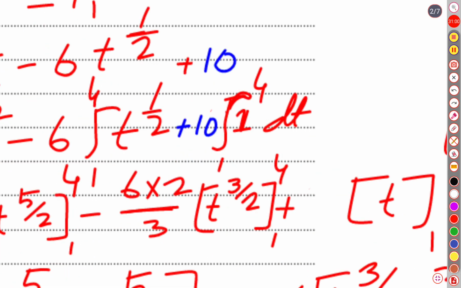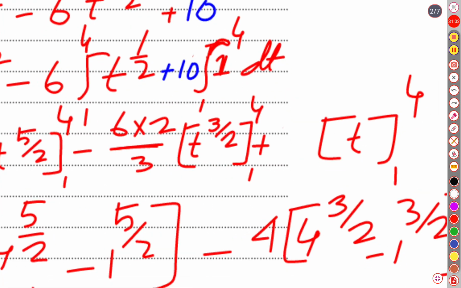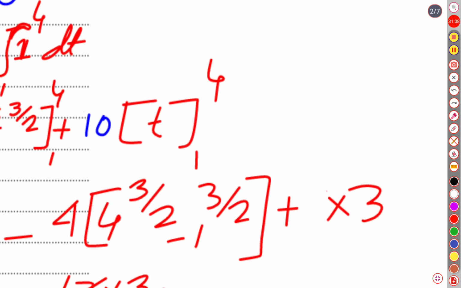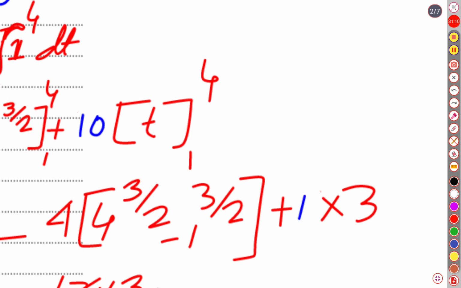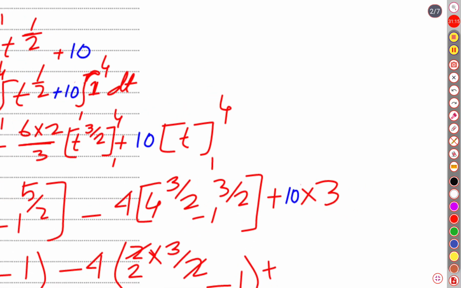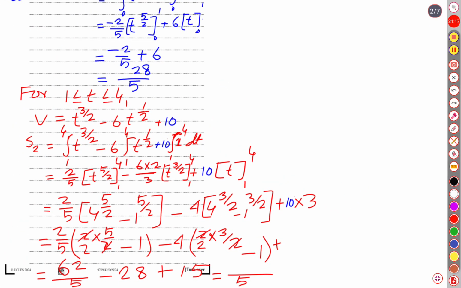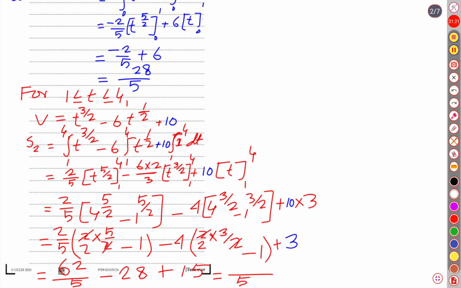Hence our next step is going to be, here there will be 10, and finally it is going to be 10 into 3. So what is it going to be? It is going to be 30. If it is 30, here also it is going to be 30.